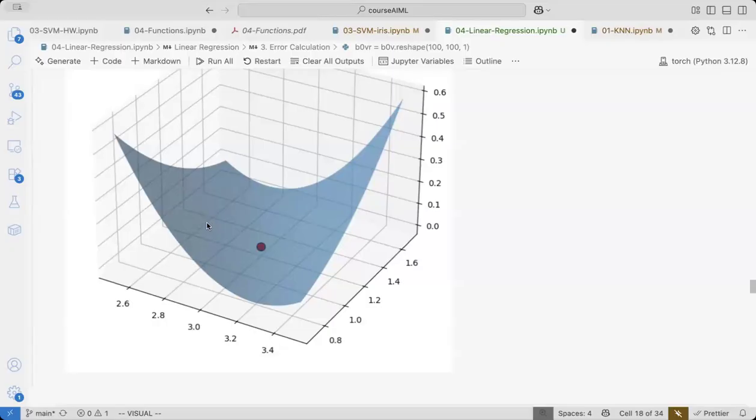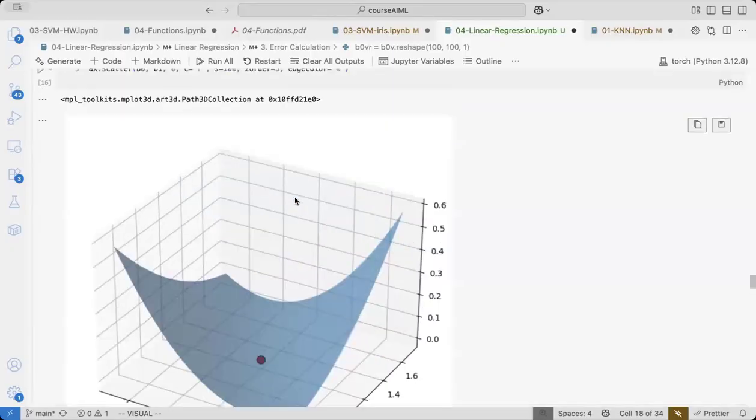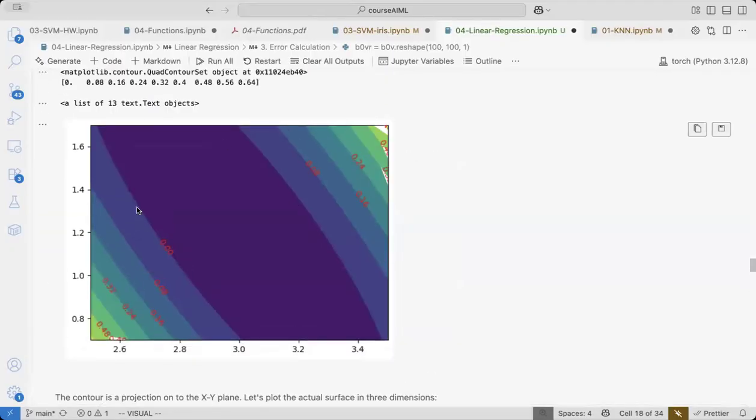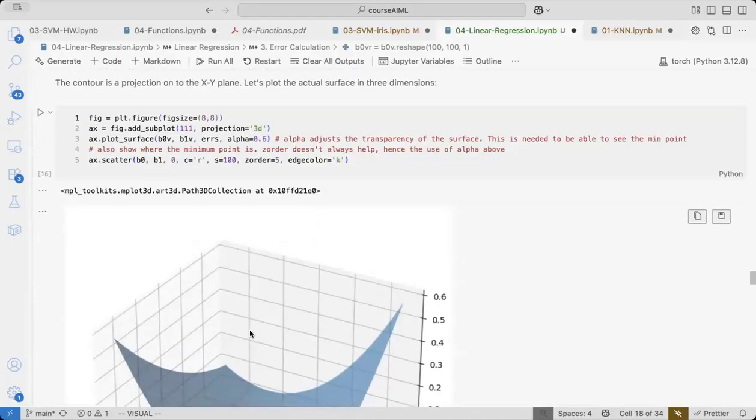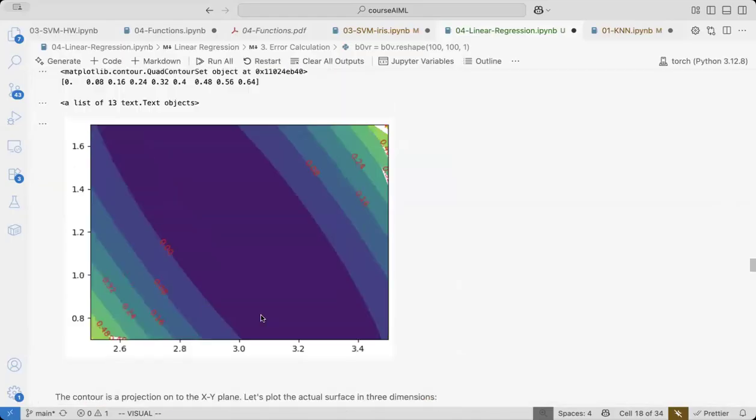Okay. The same thing I can visualize as a contour plot. If I look at this downwards, it looks like this. So this is my B0 and B1. And you can see these are the lines where the loss is 0, 0.08, 0.16, 0.24, and so on. So it's a different way of looking at it.